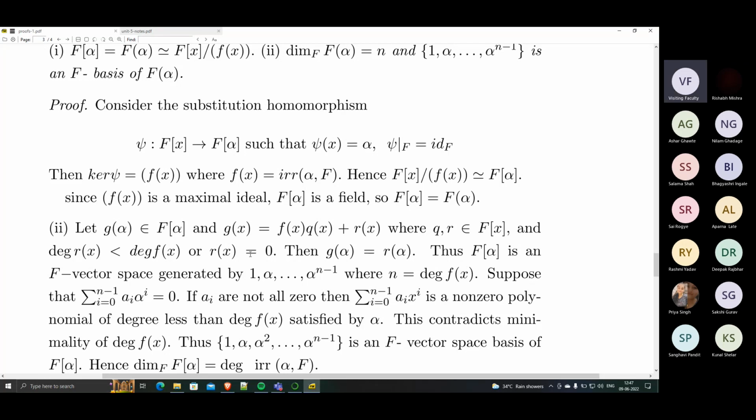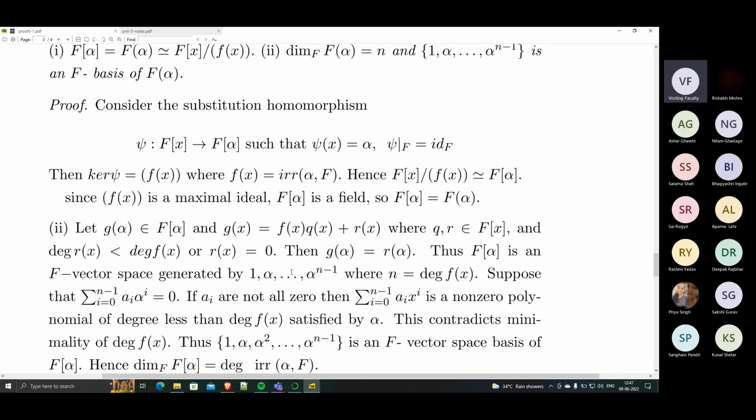Therefore, what do you get? When you substitute alpha, g(alpha) is f(alpha) times q(alpha) plus r(alpha). But f(alpha) is 0, so g(alpha) is r(alpha). Got it? So g(alpha) as a polynomial expression in alpha is in fact just equal to r(alpha). But r(x) is what? The degree of r(x) is less than the degree of f(x), or r(x) is 0.